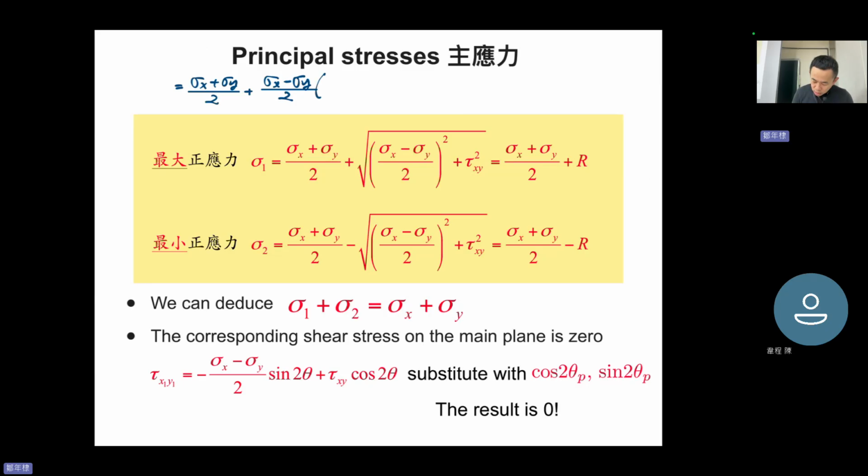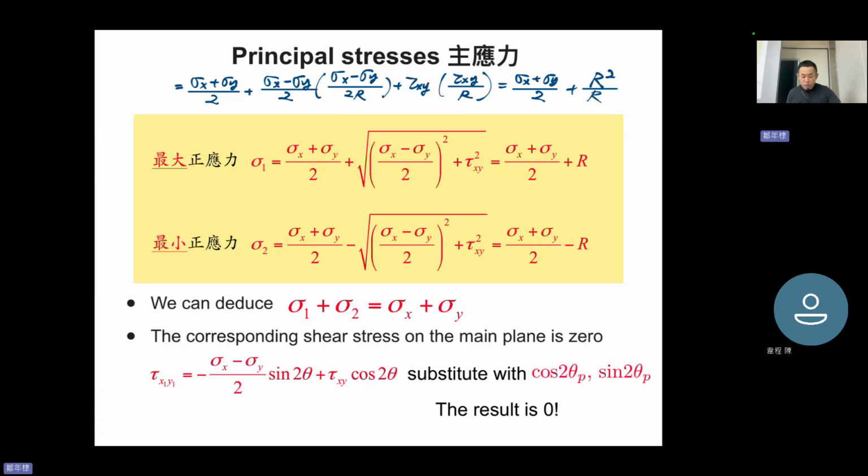You substitute sigma x minus sigma y divided by 2r, and plus tau xy divided by r, and it equals sigma x plus sigma y divided by 2 plus r.